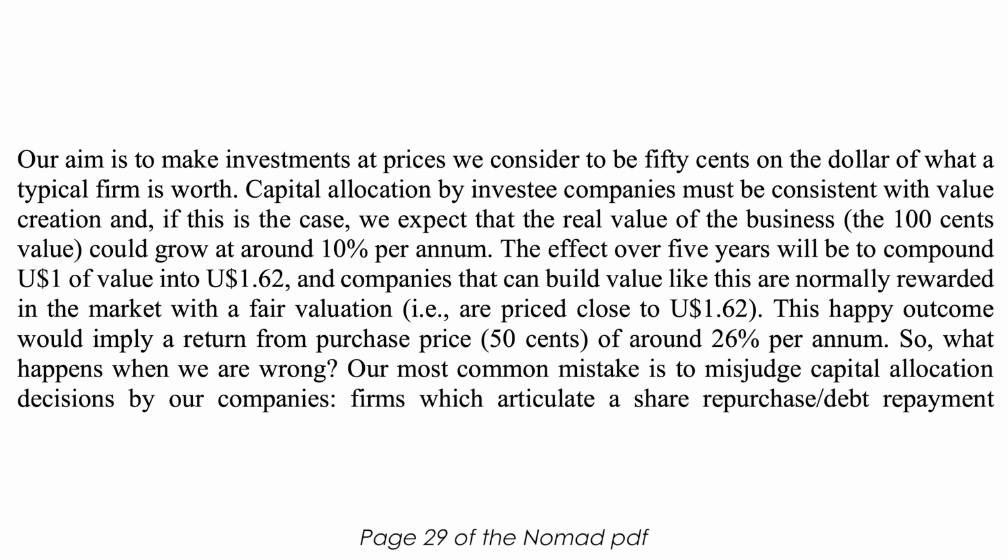This happy outcome would imply a return from purchase price, which remember is 50 cents because we're paying 50 cents on a dollar, of around 26% per annum over that 5-year period. And this is really critical to understand, right? If he was buying these businesses at fair value and discounting them at 10% and buying them at their intrinsic value, then if he is right, he's going to make a 10% return, right?